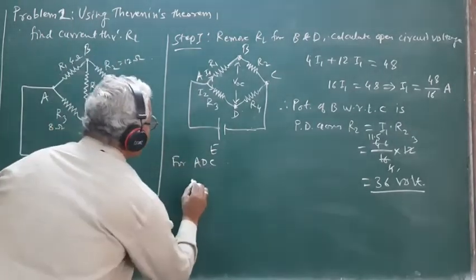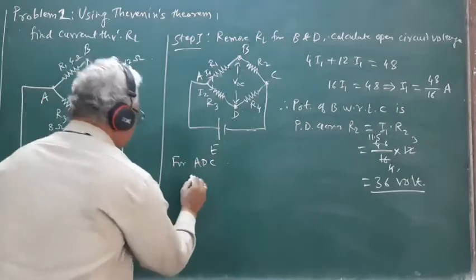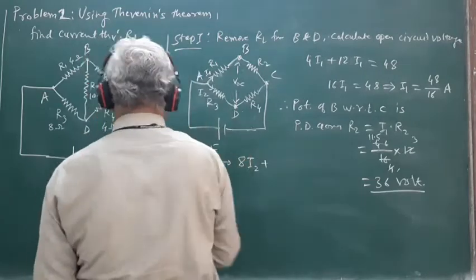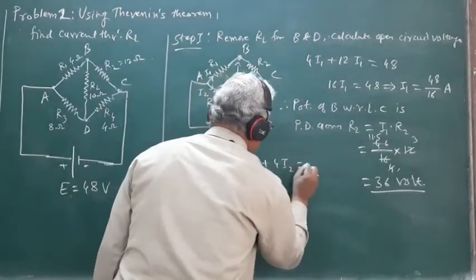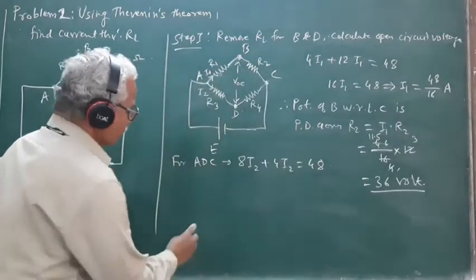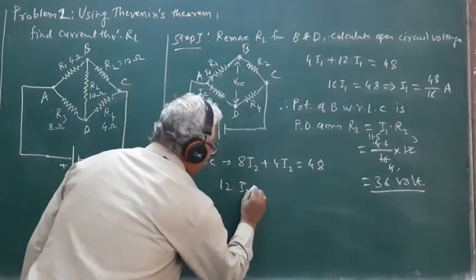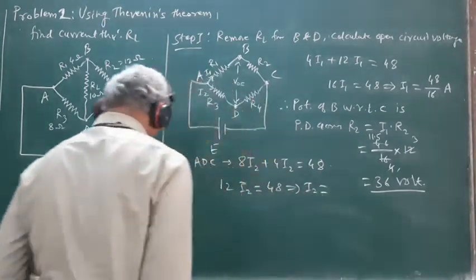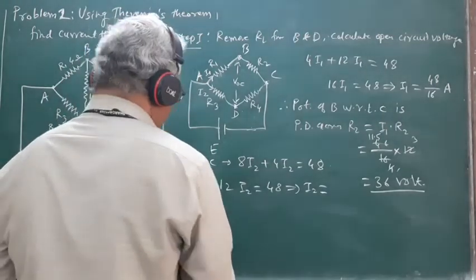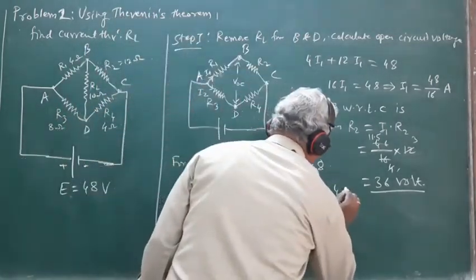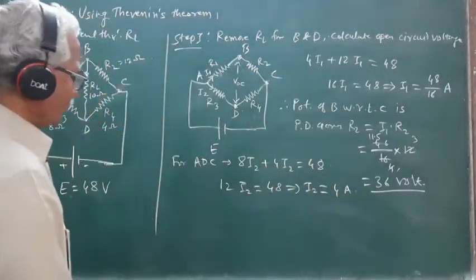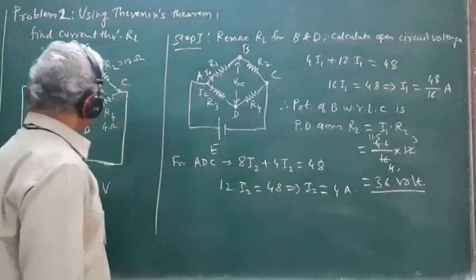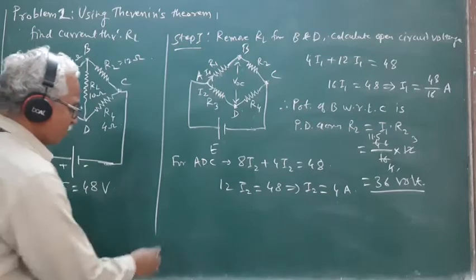we can write R3 is 8 ohm, so 8 I2, plus R4 is 4 ohm, so 4 I2, is equal to 48. So this is 12 I2 is equal to 48. So this implies I2 is equal to 4 ampere. So if this current I2 of 4 ampere flows through R4, the potential drop across R4 is equal to I2 R4.